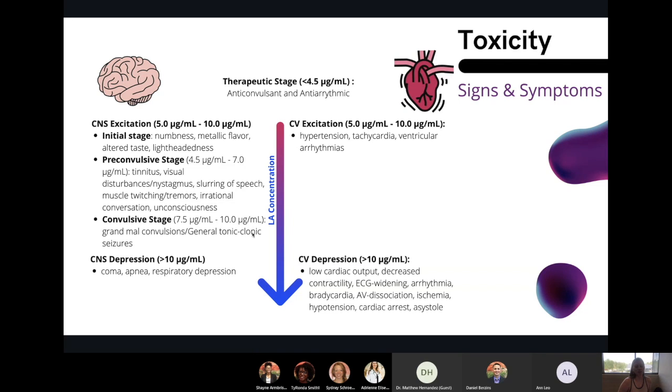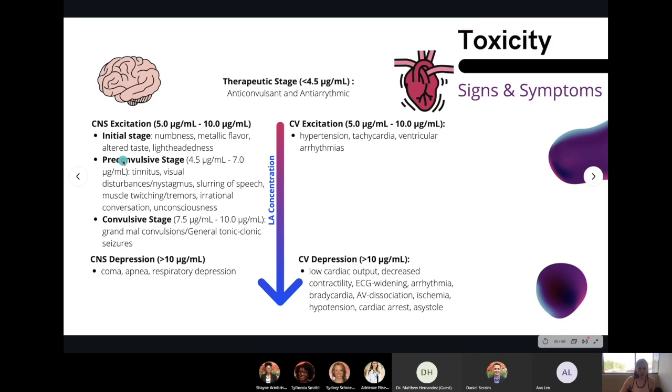The CNS excitation phase corresponds with peak plasma concentrations between 5 and 10 micrograms per milliliter, which includes the initial stage, which you can see here as numbness, metallic flavor, altered taste, and lightheadedness.